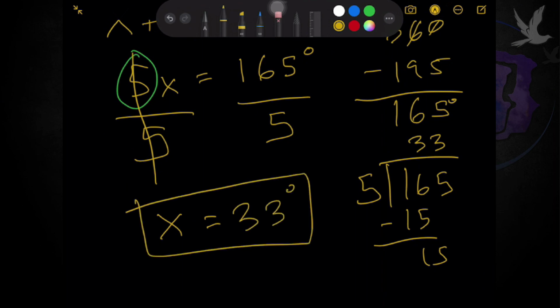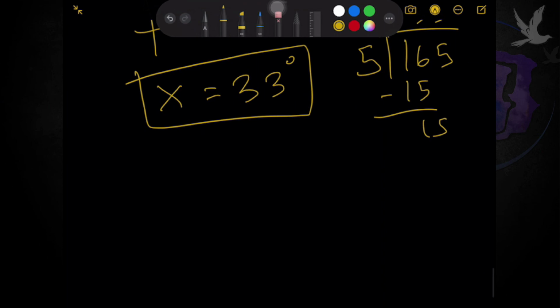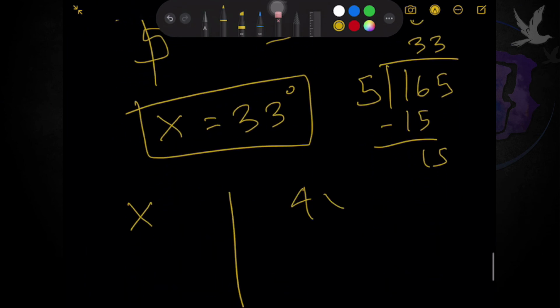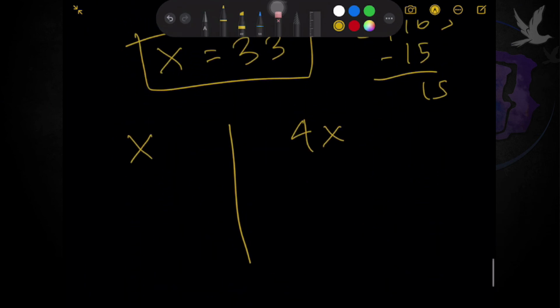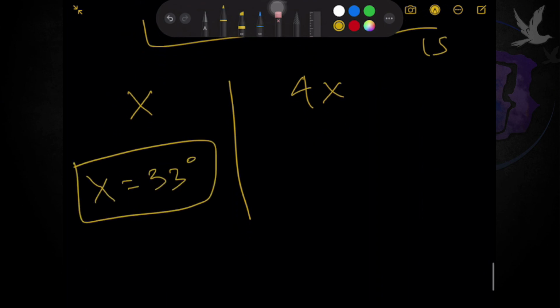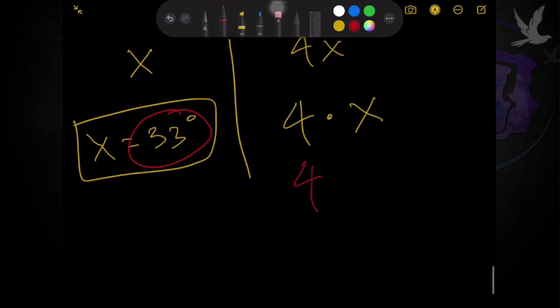So if you notice, if you're going to check your paper nga, meron tayong, kunwari in this case, it's x and 4x. You already know the value of your x, which is in this case x is equivalent to 33 degrees. Sa 4x nyo naman, you already know that 4 is multiplied to x, and you know that the value of x here is 33. So that's 4 multiplied to 33.